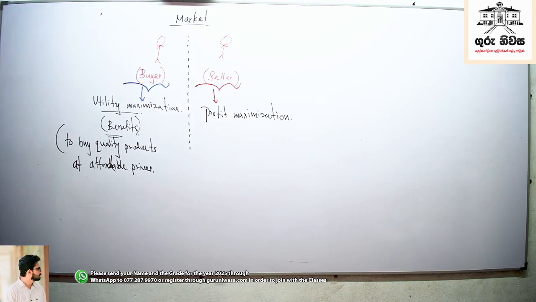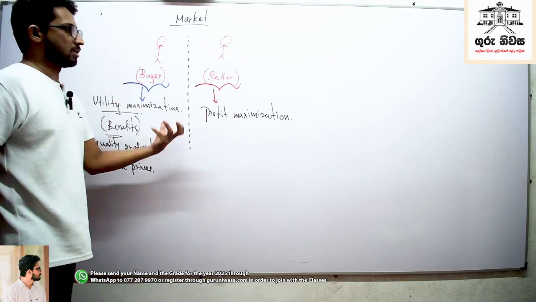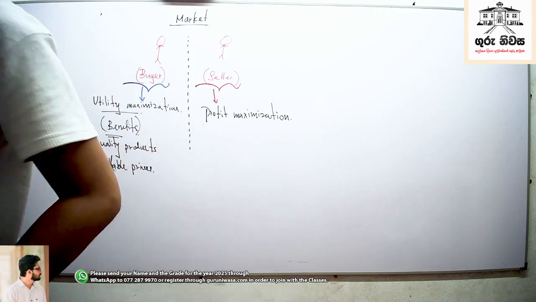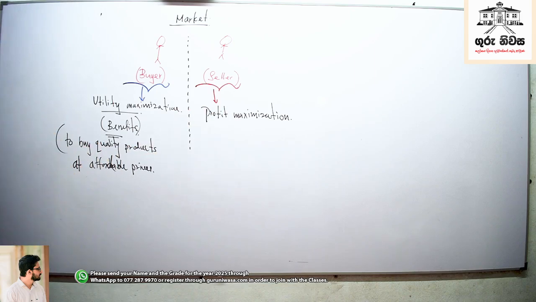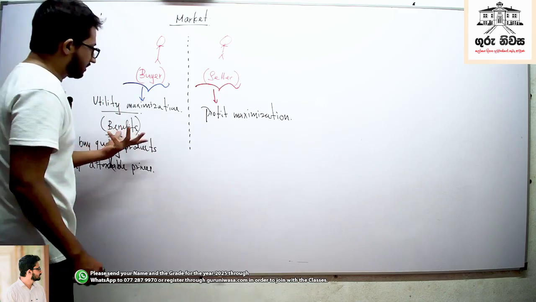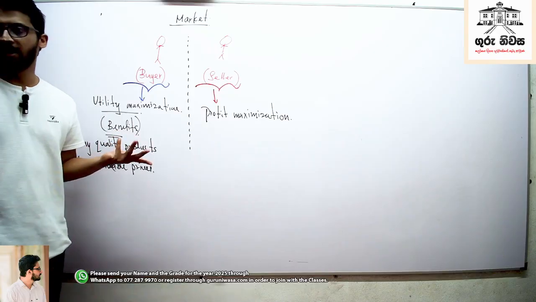Then my next question is, are their objectives the same or different? Buyers' objectives and sellers' objectives, same or different? Different. For example, a consumer wants to buy products at lower, reasonable prices.